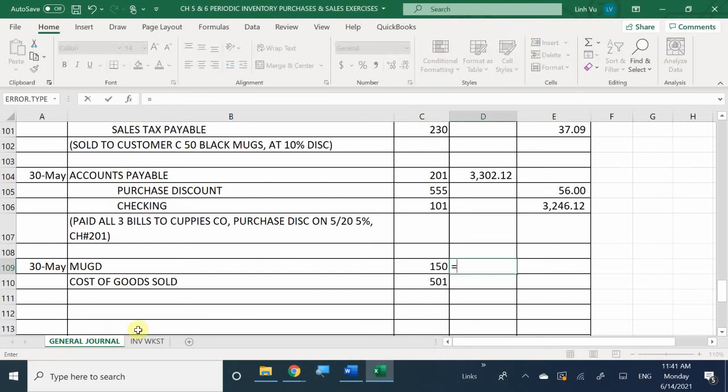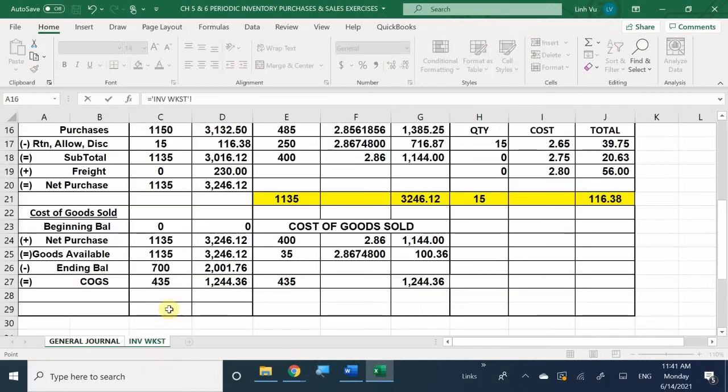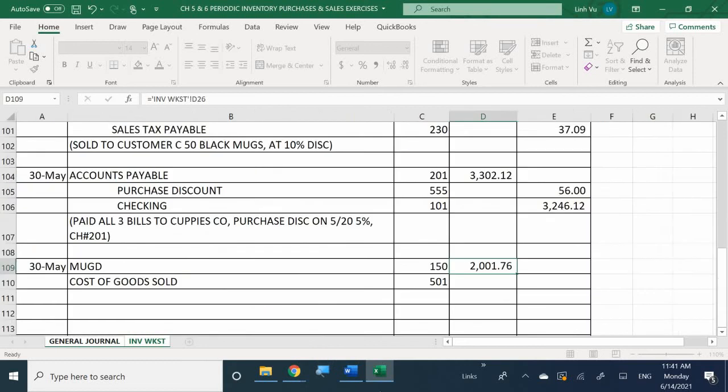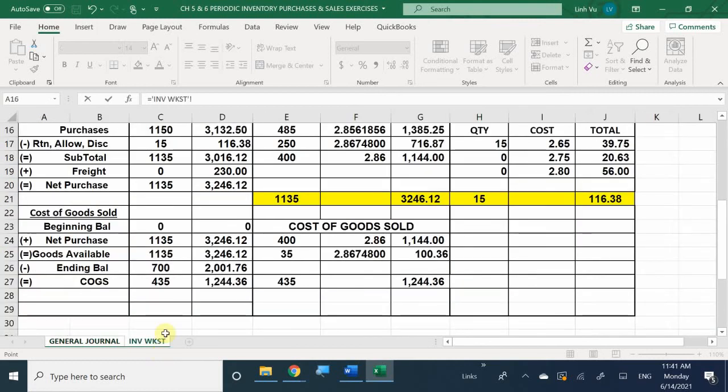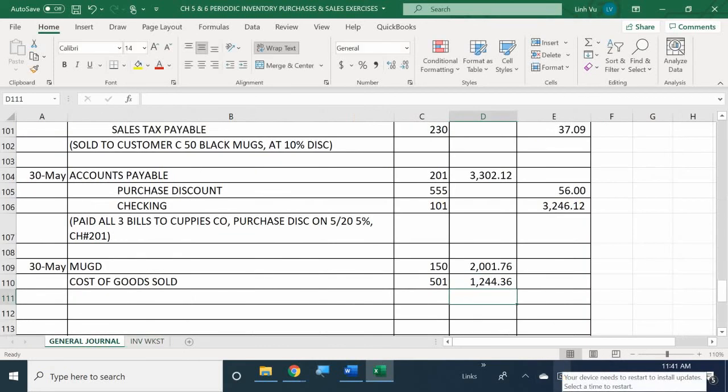What was my ending inventory? What was my total cost of goods sold? Okay. What else do I need to recognize?